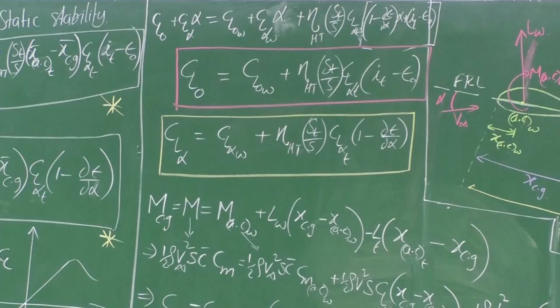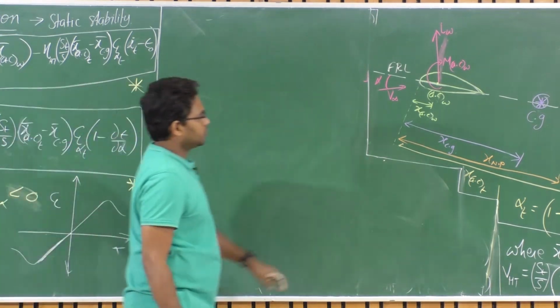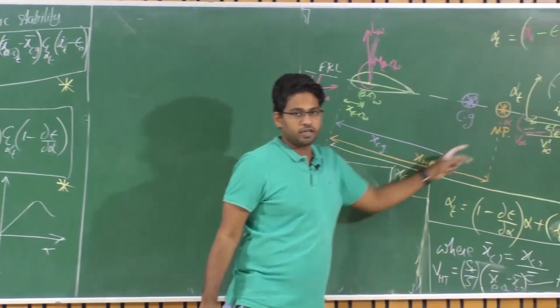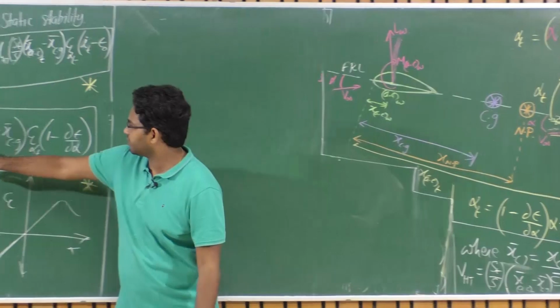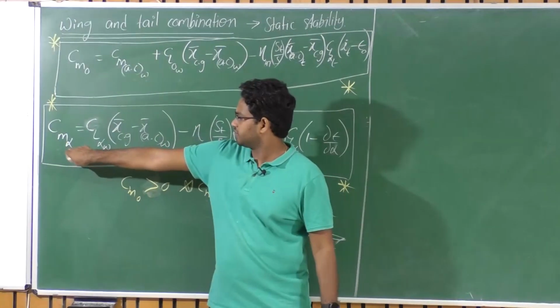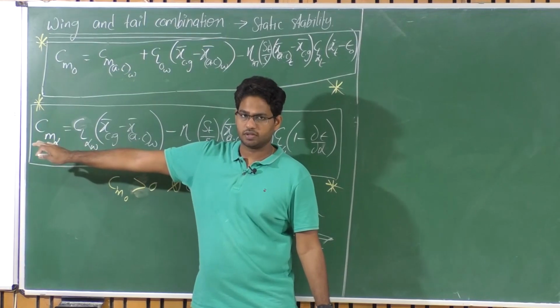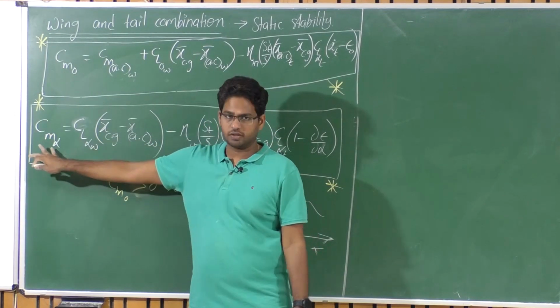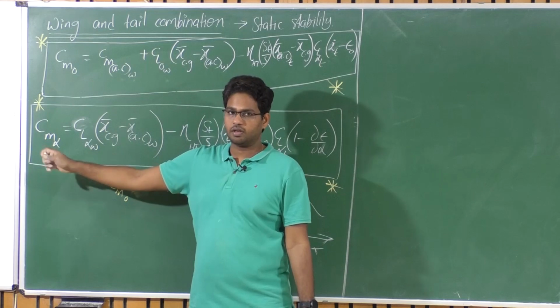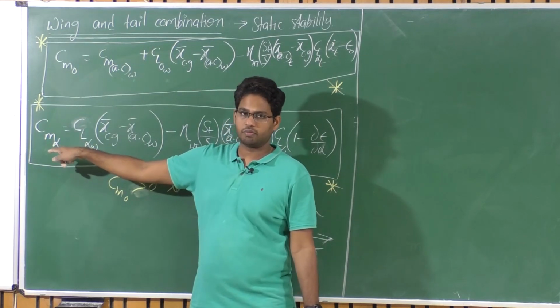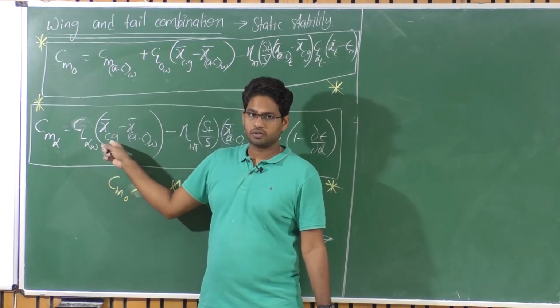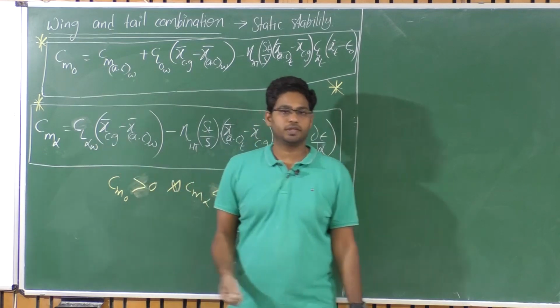So let's figure out the corresponding location of CG for which Cm alpha is 0. That particular point is called the neutral point, denoted by x_NP. If I equate this equation to 0, then Cm alpha is 0, which means the CG location about which Cm alpha is 0 is called the neutral point. So in that case x_CG becomes x_NP. Okay.